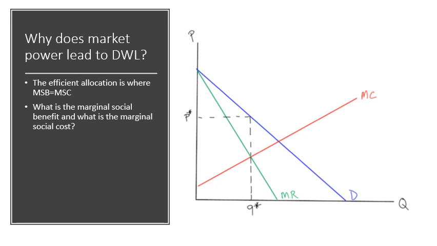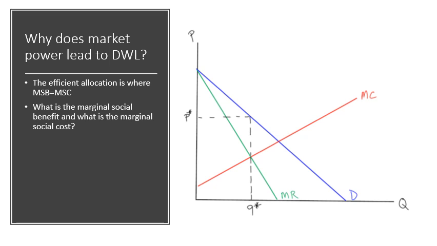Why does market power lead to deadweight loss? Well, the efficient allocation is where marginal social benefit equals marginal social cost. What is marginal social benefit and what is marginal social cost? Marginal social benefit in this case is just demand because there's no positive externalities. In this case, we don't have an externality drawn on this graph, so we can consider the marginal social cost to be the private marginal cost curve, the marginal cost curve in red here.